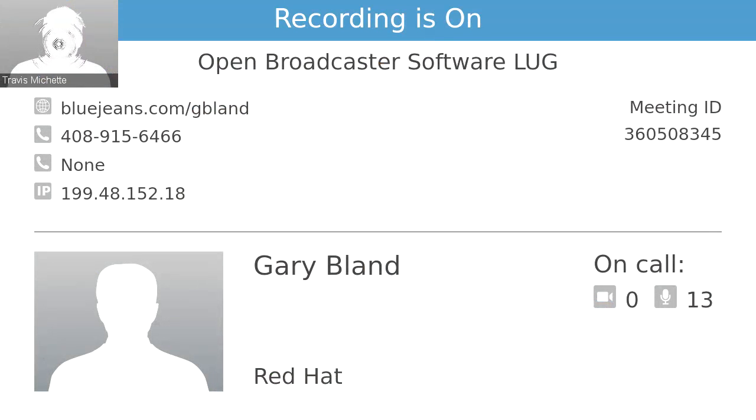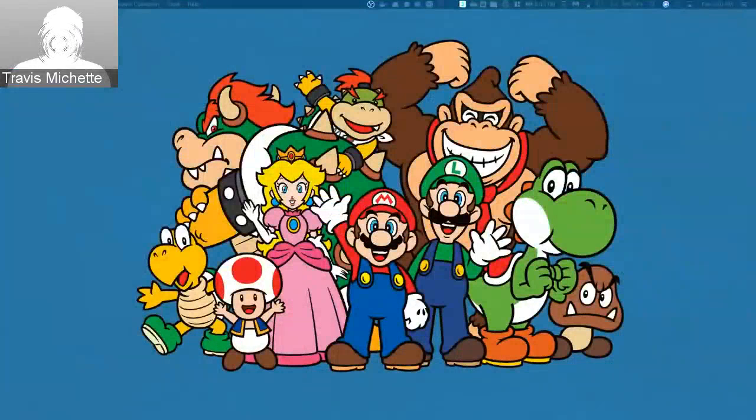The other thing, before I show us how to use Open Broadcast Studio, the other thing you can do with Open Broadcast Studio is go into screen mode, and I'm going to full screen mode with the projector.